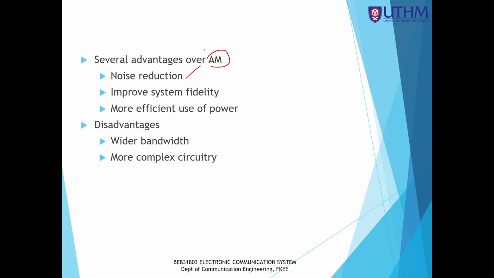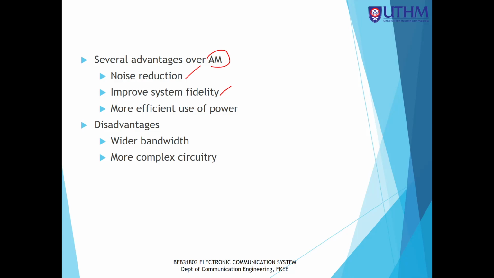Amplitude modulation has higher noise compared to angle modulation, which is FM. Improved system fidelity. Fidelity is about the continuous attenuation. When the signal travels from the transmitter to the receiver, it comes across a lot of attenuation.